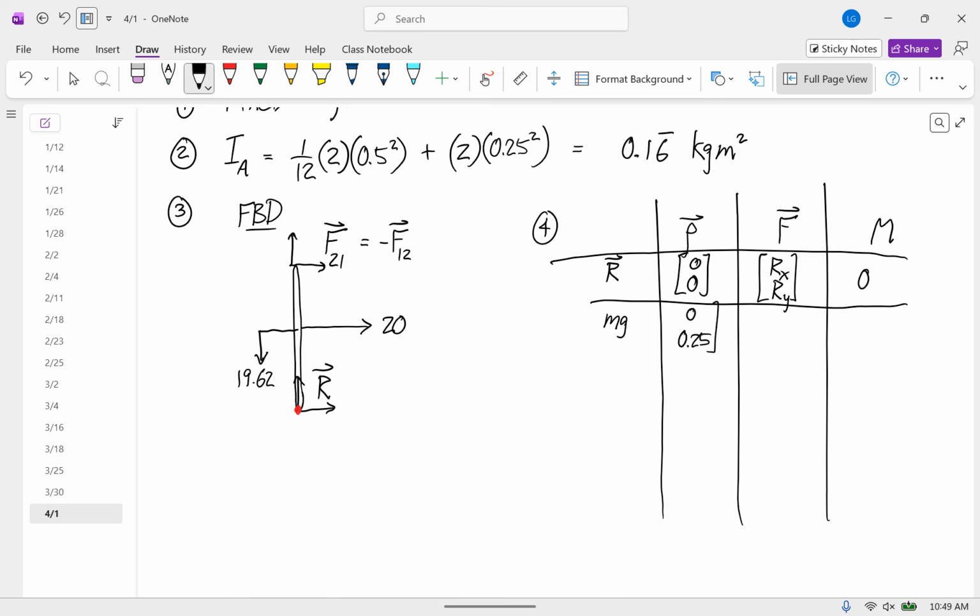Okay? So how do we fix this problem? Newton's second law. Not Newton's second law, although that's a good thought. So now we're getting into the constraint equations.